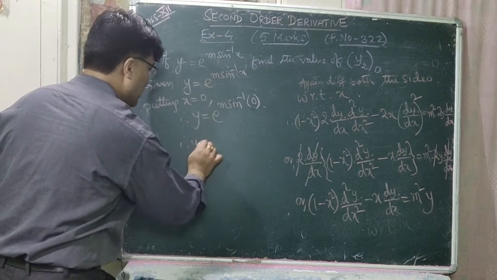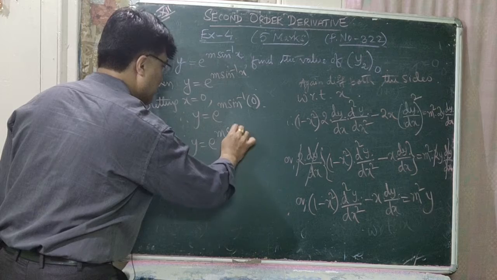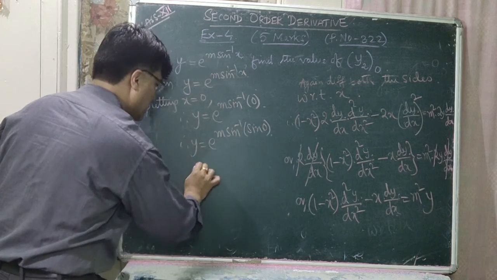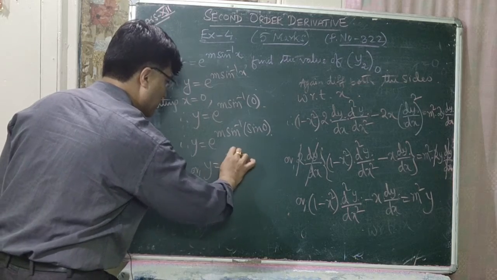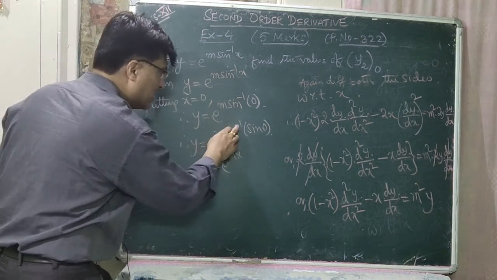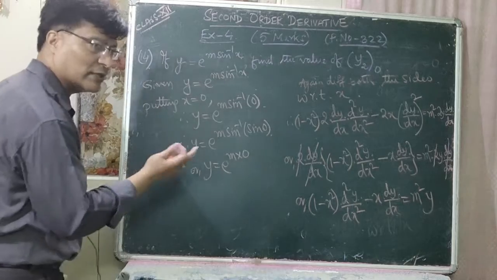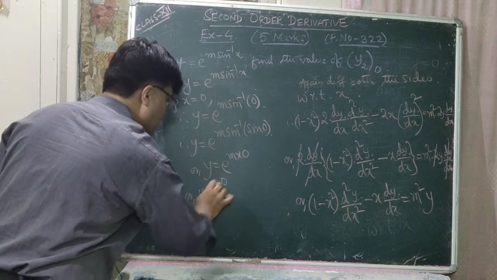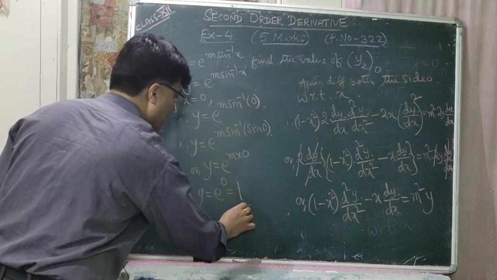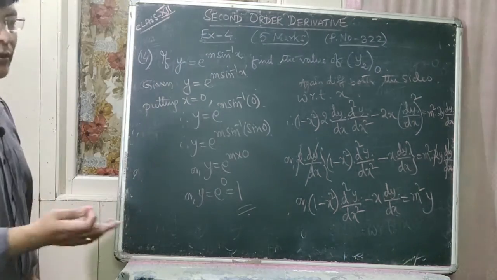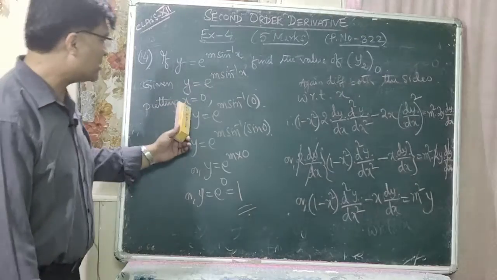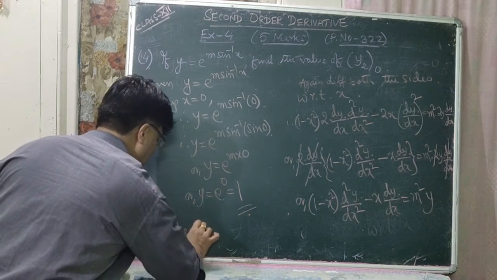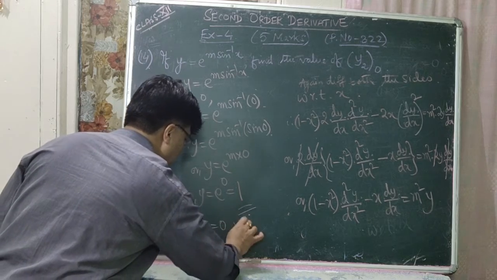So y is equal to e to the power m sine inverse sine 0. What is sine inverse sine 0? You know the inverse circular function, that is 0. So y is equal to e to the power m into 0, which is e to the power 0, and e to the power 0 is always 1. So y is equal to 1. So when x is equal to 0, the value for y is 1.